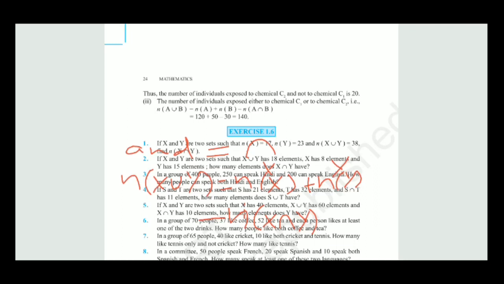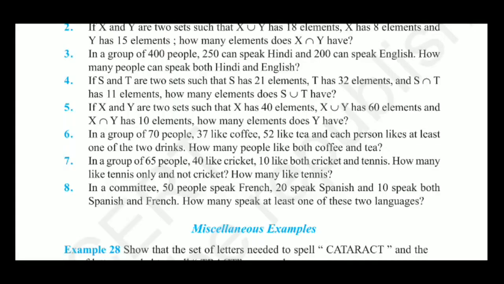By using this formula we can find the value of those who can speak both English and Hindi. By using the same formula of the union, we can solve question number 4 and question number 5. So now I am going to start question number 6.